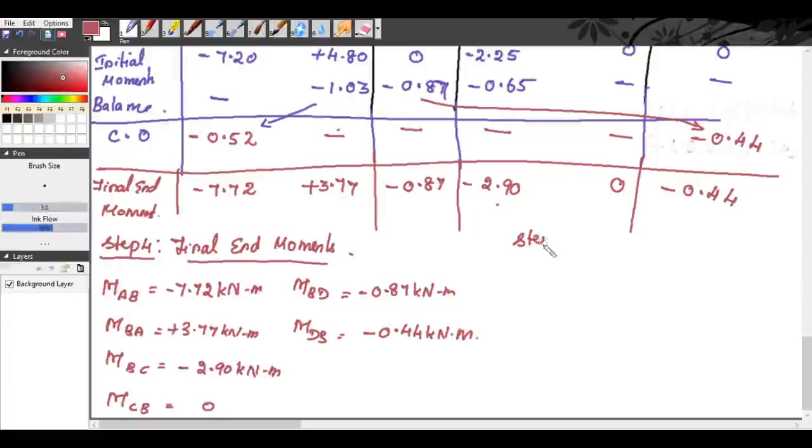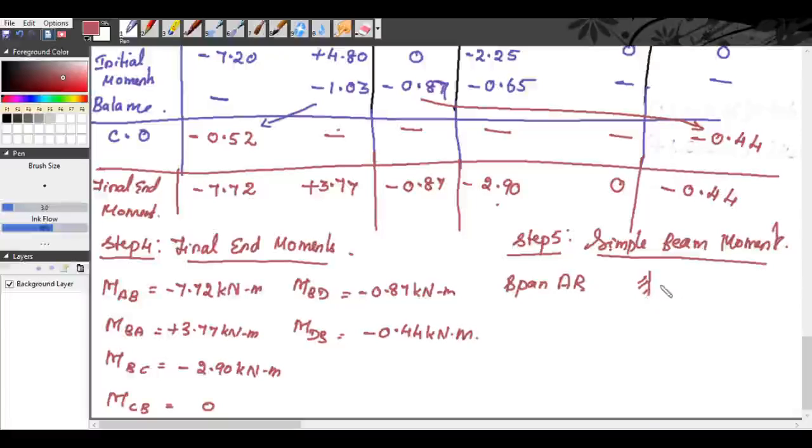Now we will write the step 5. In order to draw the bending moment diagram, we have to find the initial beam moments. That is simple beam moments due to the external loadings. So, simple beam moments for the span AB. See, we know our span AB is like this. We will be finding the moments by considering all these supports as a simple support.